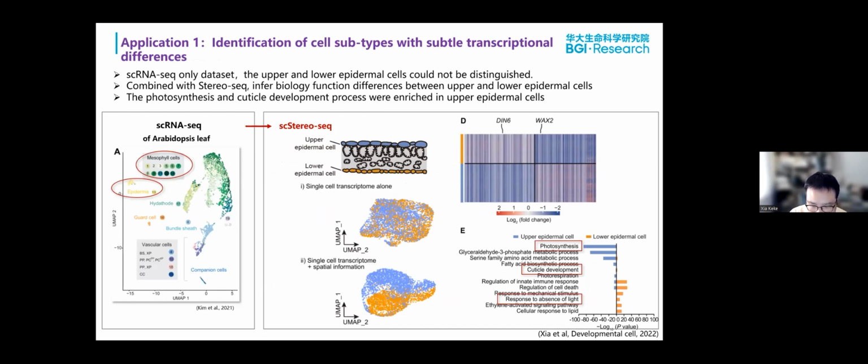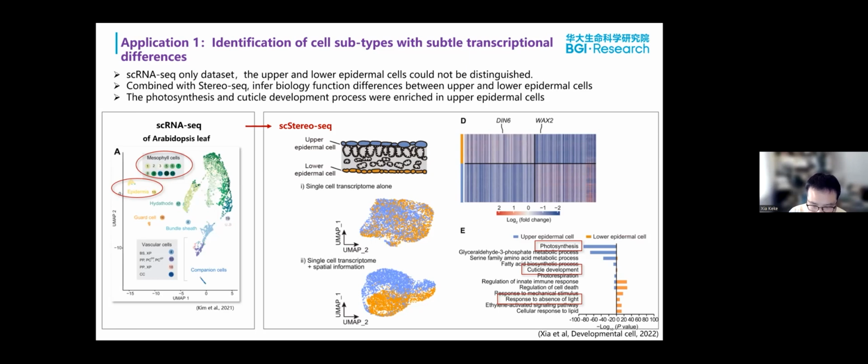For Arabidopsis leaves, epidermis can be subdivided into upper epidermal cells and lower epidermal cells. However, because of the highly similar transcriptome between cell subtypes, previous scRNA-seq data and analysis alone were not able to distinguish these cell subtypes.